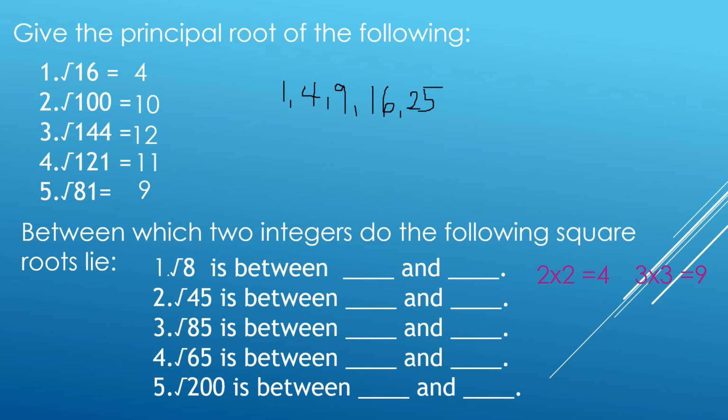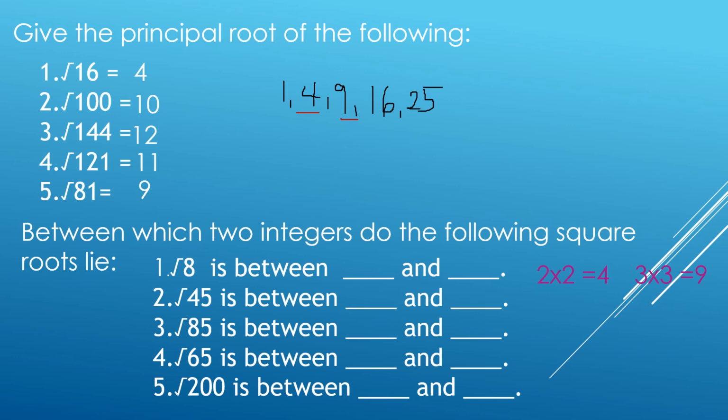Okay? So, ngayon, itong square root of 8, dapat alamin nyo, sa anong perfect squares makikita before and after? Okay, bago mag-8, ano yung before? That is 4. And 9 yung after.